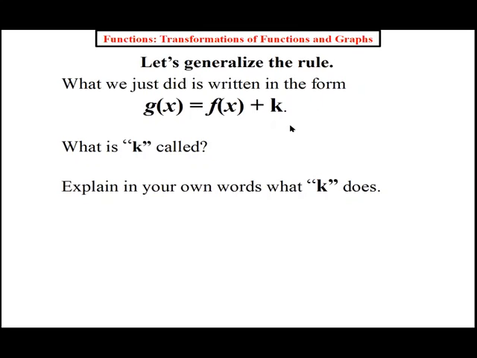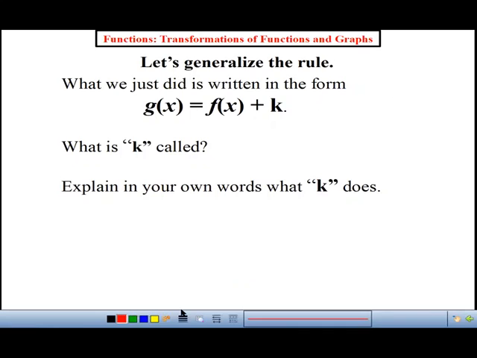Once again, what do we call k? What is k called, guys? Parameter. Parameter, that is correct. That's the parameter with which we're going to do the transformation. So if you were going to tell your little cousin what the parameter k does, what would you say, Angie?